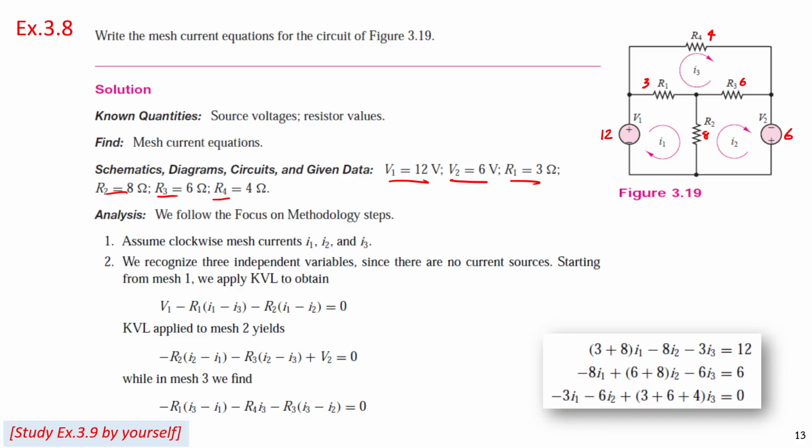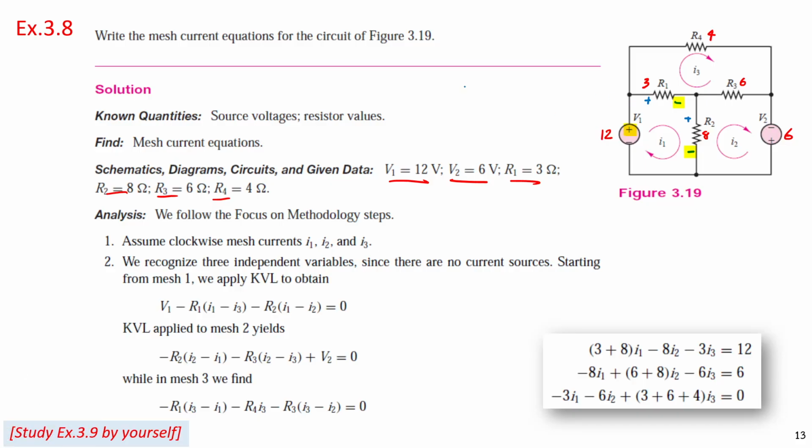So let's see mesh number 1. It should be positive, negative, and positive, negative. This is the positive direction, right? So in this positive direction, we get positive, negative, and negative, right here. The current flows out from positive, flows out from negative, flows out from negative polarity.